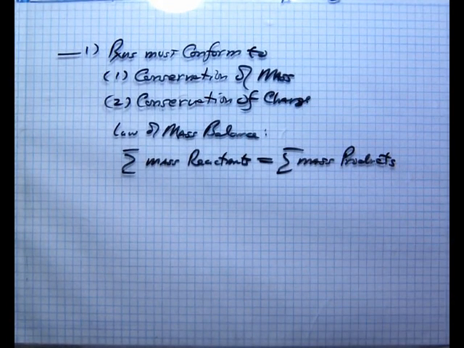It does not refer to numbers of particles, number of molecules on the left and right. It does apply to the number of elements. You can check your balance by looking at numbers of elements.